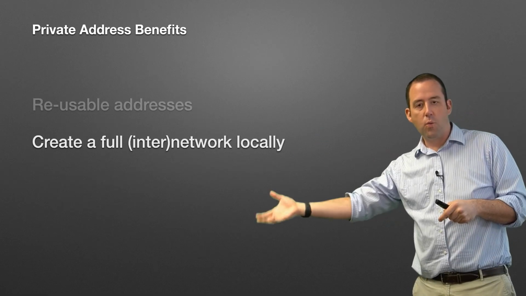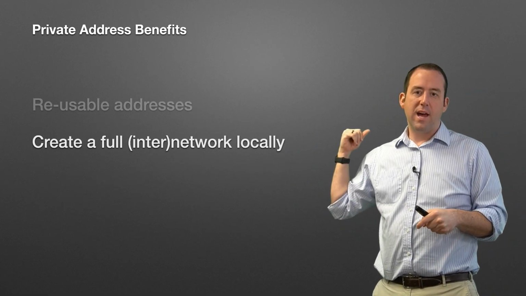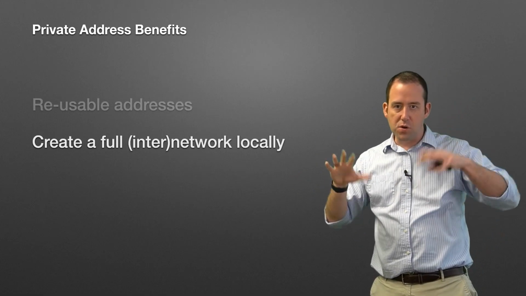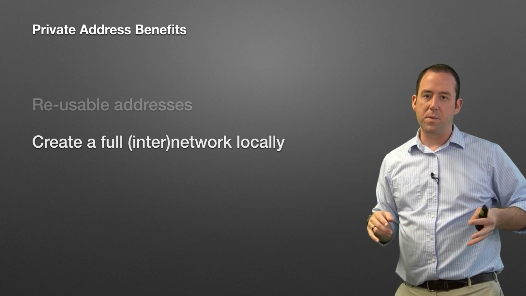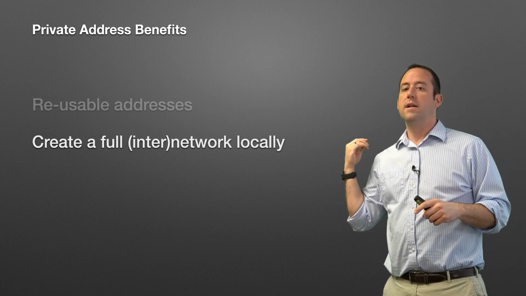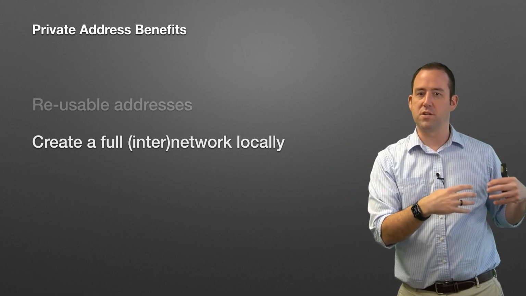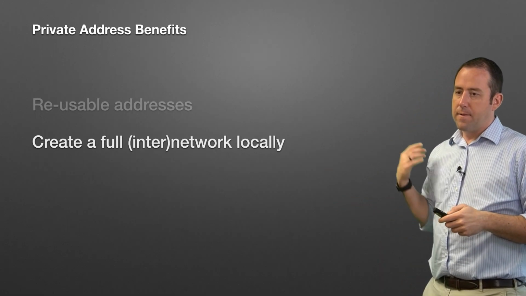You could have one network in your house be 192.168.1.0 and another network in your house be 192.168.2.0. Have two different networks that are each independent of each other, maybe routed traffic between them, maybe not if you don't want to, using those private addresses without having to pull down a whole bunch of public IP addresses and keep those for yourself. So that's pretty handy.